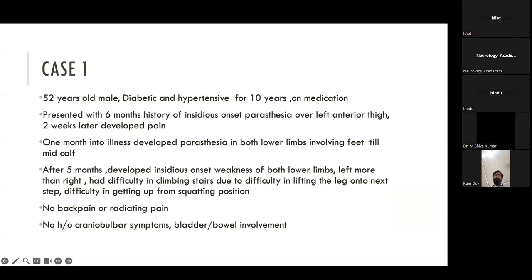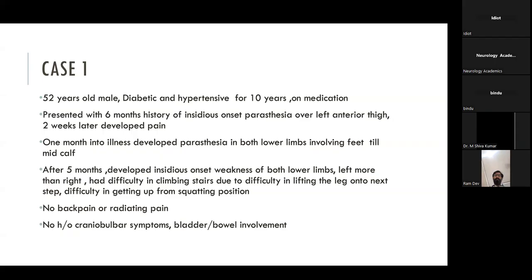Coming to clinical cases, case 1: a 52-year-old male, known diabetic and hypertensive for 10 years on medication, presented with 6 months history of insidious onset paresthesia over the left anterior thigh, and 2 weeks later developed pain in the same area. One month into the illness, he developed paresthesia in both lower limbs, involving feet till mid-calf.